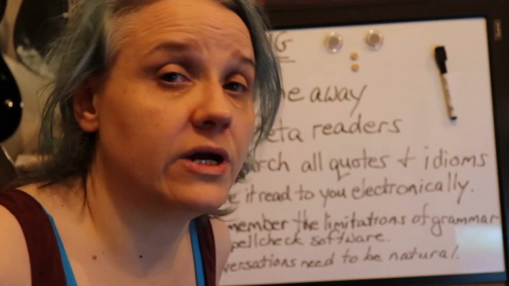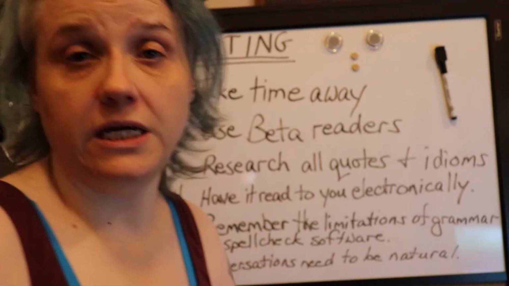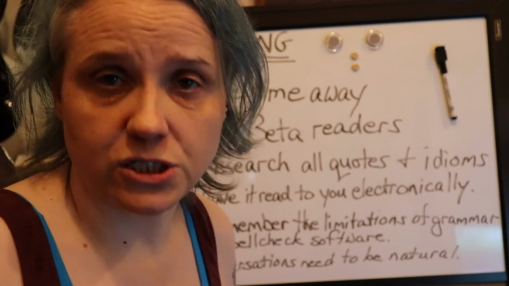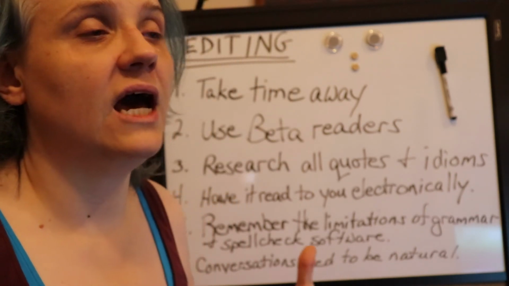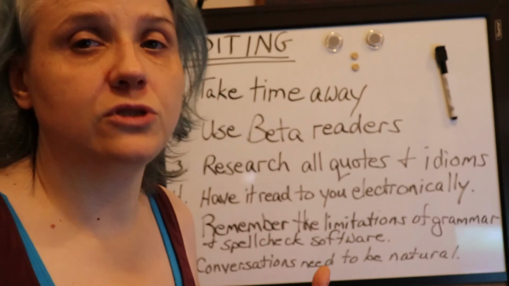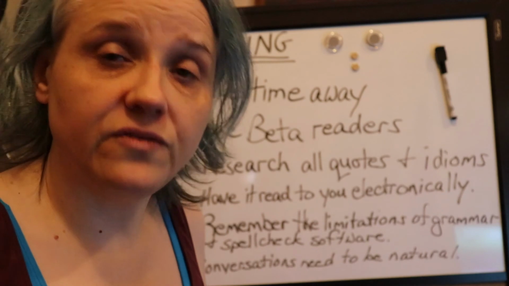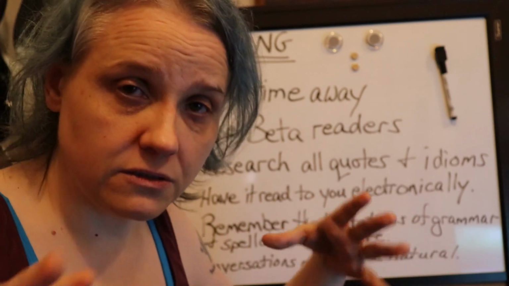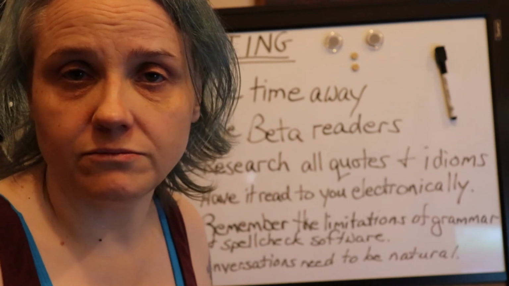Because every character has to have their own voice. You're going to have people that are educated, and you're going to have people that aren't educated. You're going to have children. You're going to have adults. You're going to have people who don't speak English as their first language, perhaps. All of these things are going to have to be taken into account when you do your dialogue.